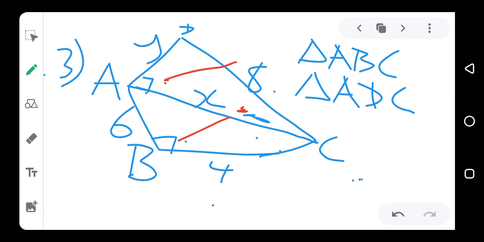So we now have 2 sides, and we are going to look for line AD, which is y. Now which one is the hypotenuse? 8 is the hypotenuse side, line DC. So 8 squared is equal to 2 root 13 squared plus the other side, y squared.